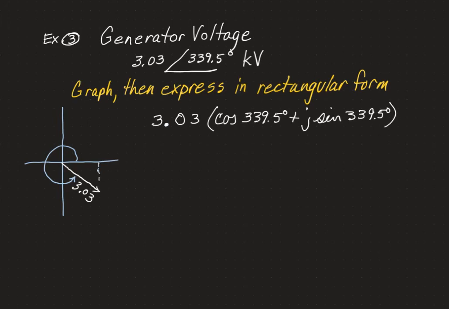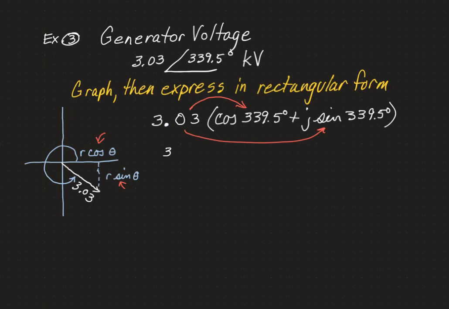Let's look at our components. Take note, please, that the hypotenuse, or the r value, 3.03, when distributed, is multiplied by the cosine of the angle, which is what we have here, our real component. And then also, it is distributed to be multiplied by the sine of 339.5 degrees, which is our imaginary component.